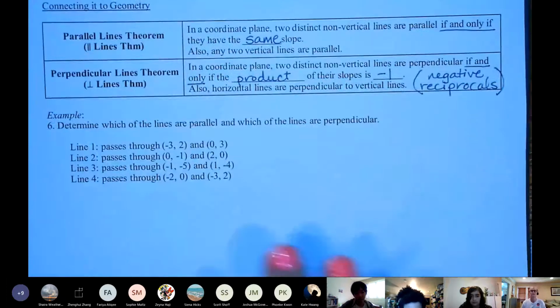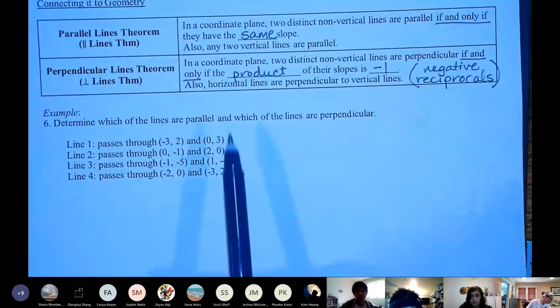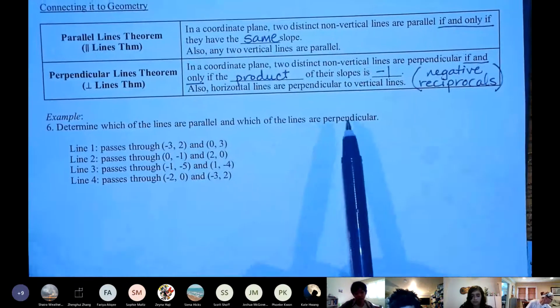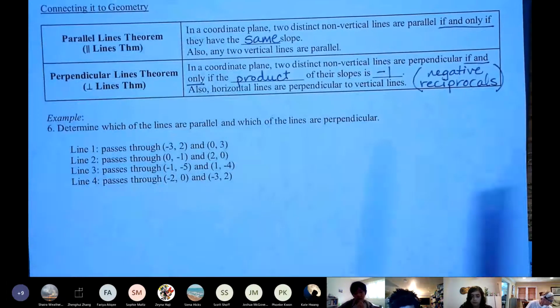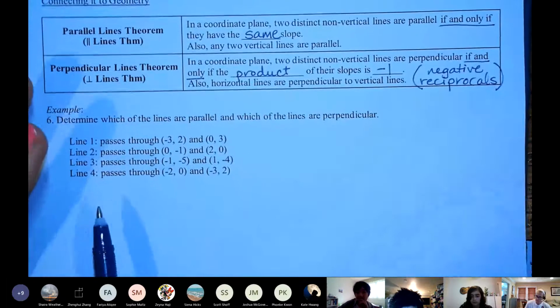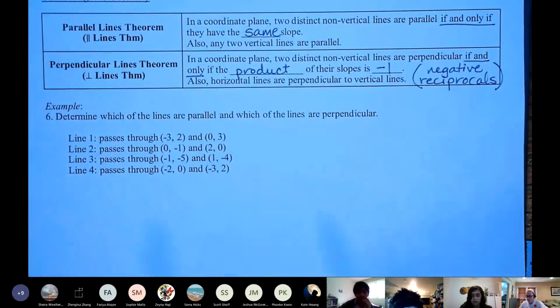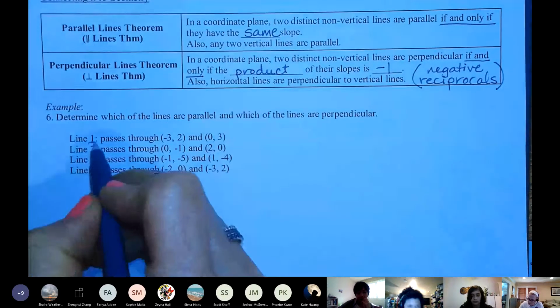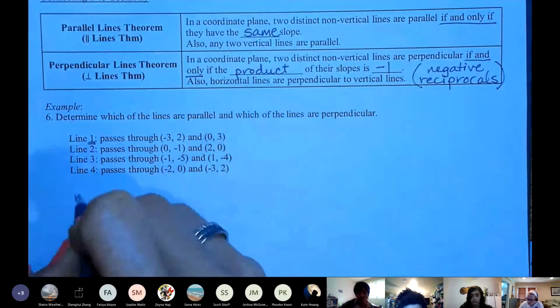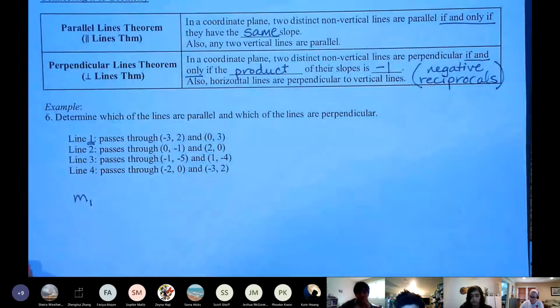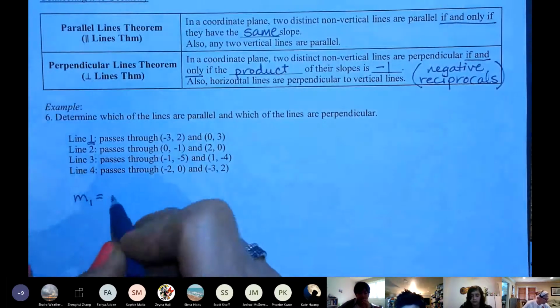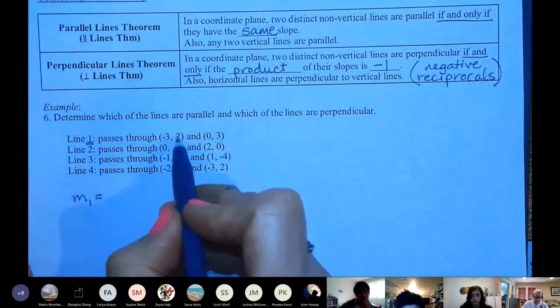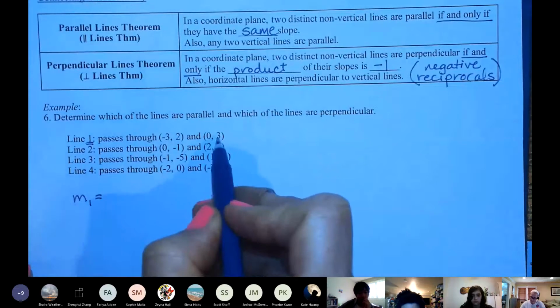And then what we're going to do for each one of these is determine which ones are parallel and which ones are perpendicular, which means you've got all these points and 4 lines. We're going to figure out the slope between each 2 points. So I'm going to call this one line 1, so the slope m1 is going to equal, here's my x, here's my y, here's my x, here's my y.